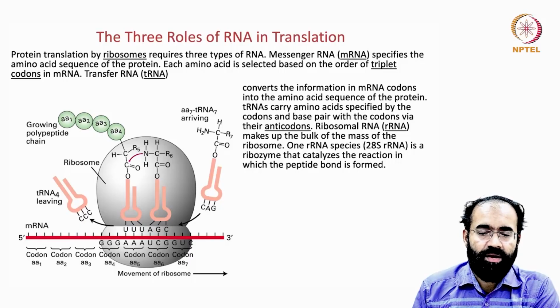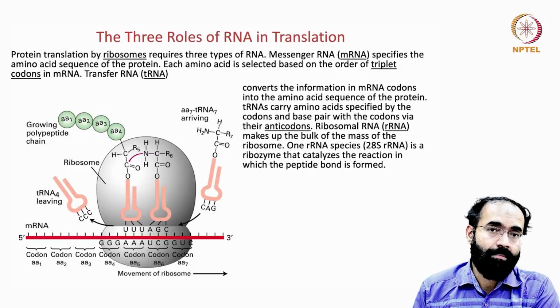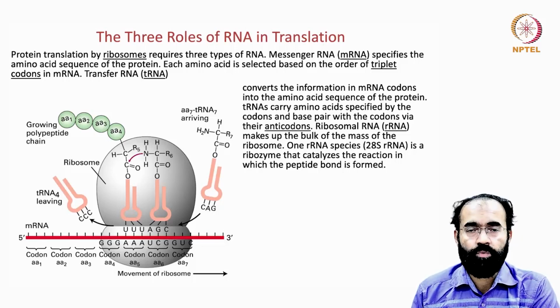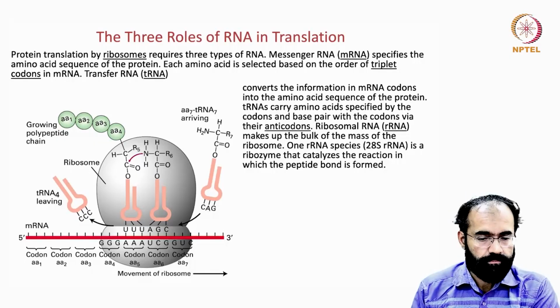So each amino acid is selected based on the order of triplet codons in the mRNA. Each incorporation of an amino acid requires three bases, and we call it a codon, rather a triplet codon.